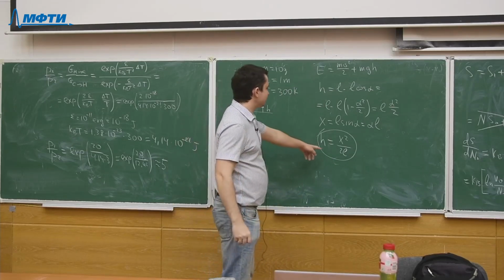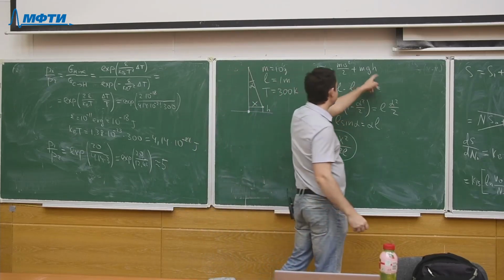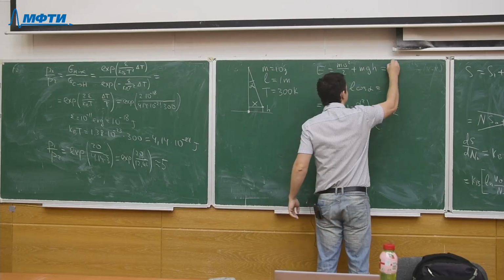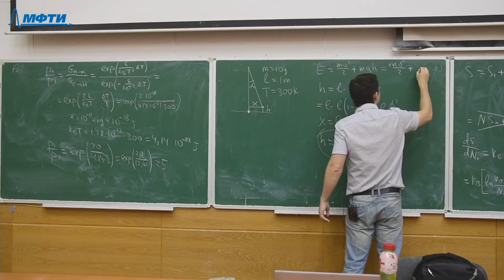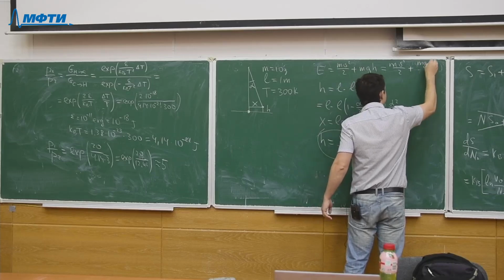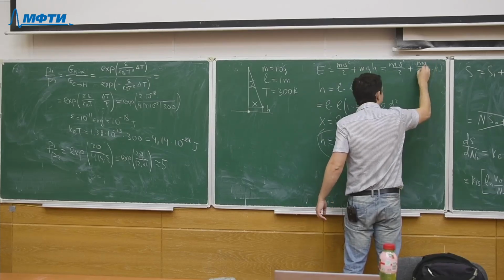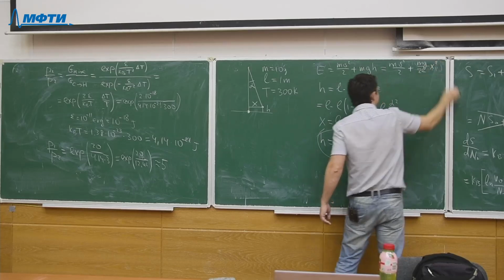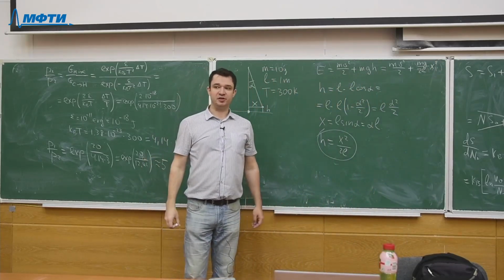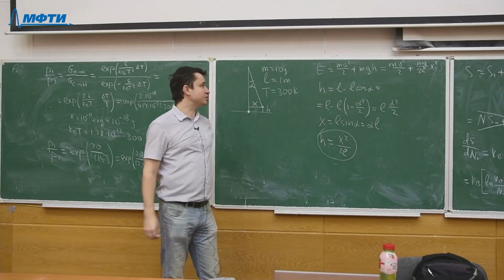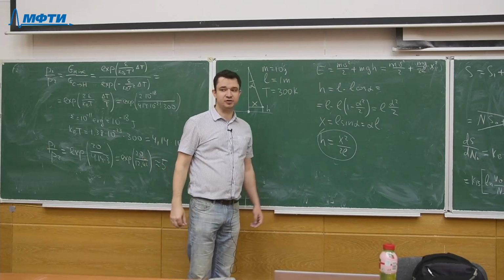As I substitute here, that would give me mv squared over 2 plus mg over 2L times x squared. As you see, this particular degree of freedom introduces two square terms into the energy of the system.